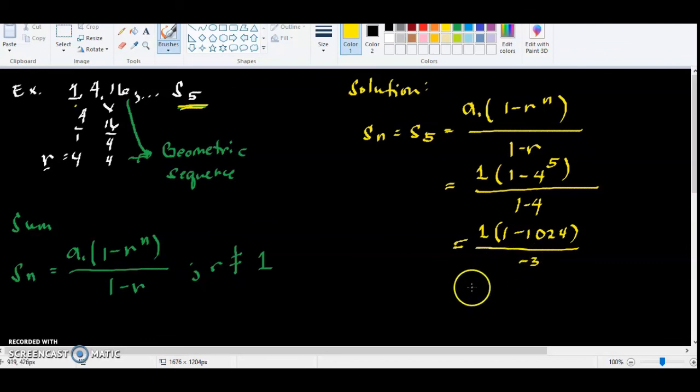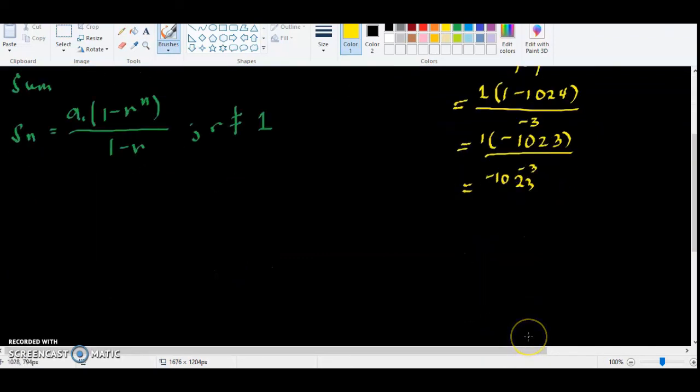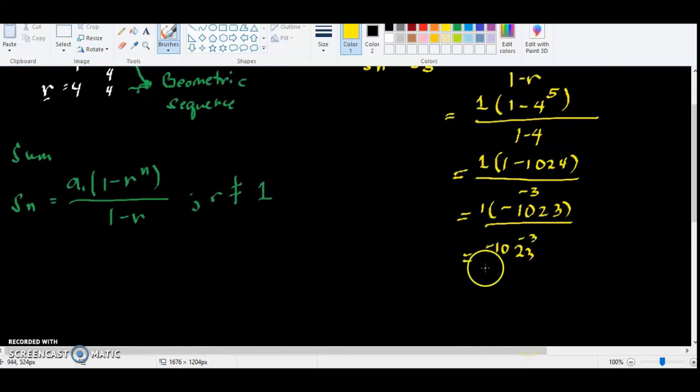Sorry. So we have now 1 times negative 1023 over negative 3. Since that's 1, so retain natin yung number. So we have negative 1023 over negative 3.